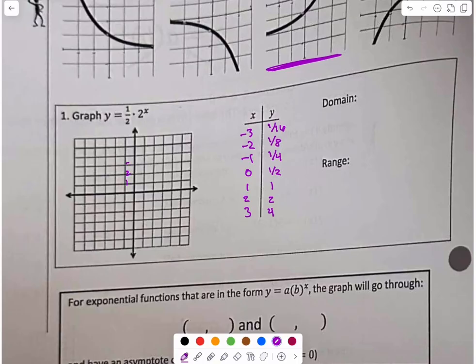Then we plot the points: 0, 1/2; 1, 1; over 2 up to 2; over 3 up 4.